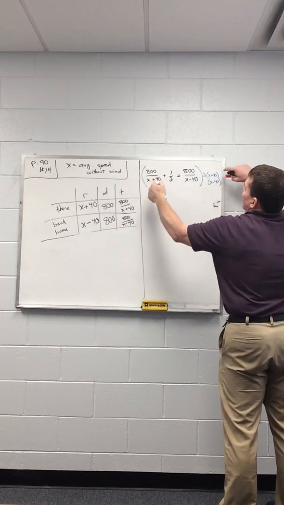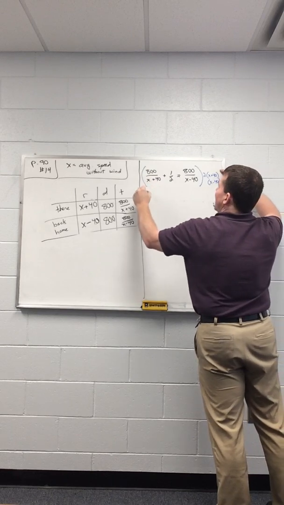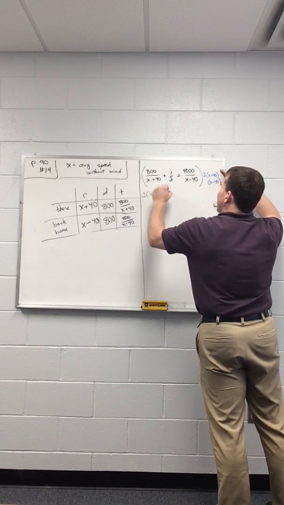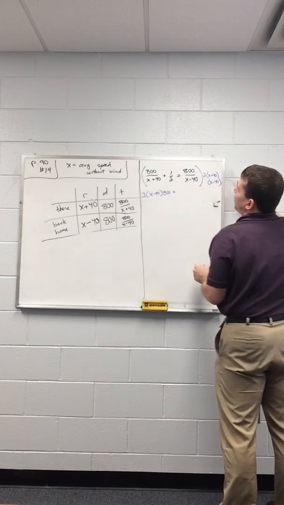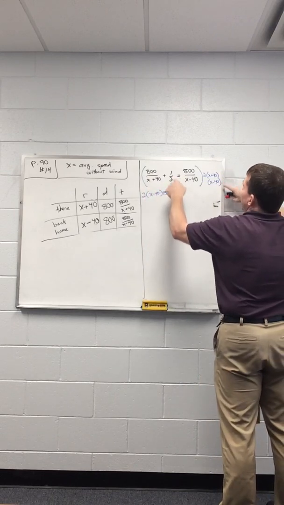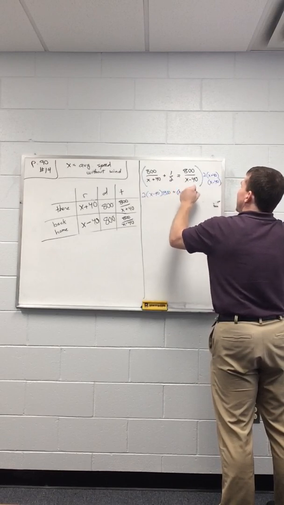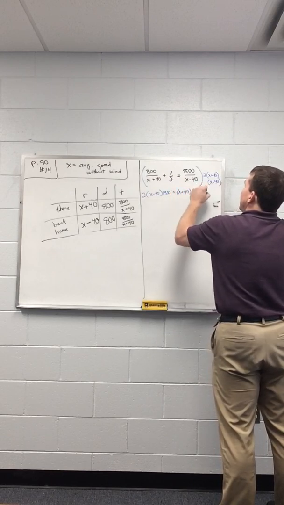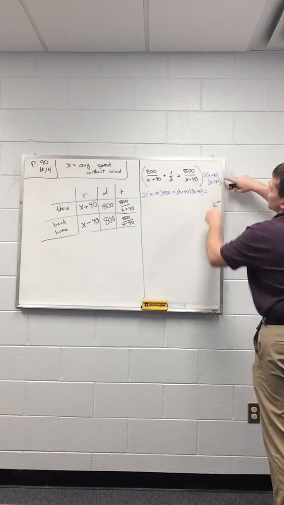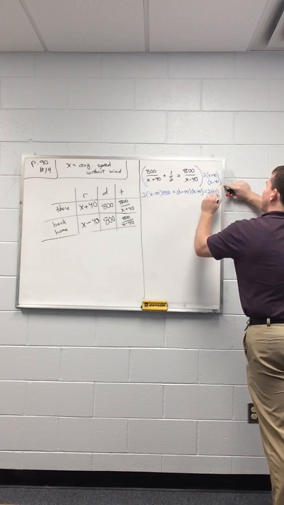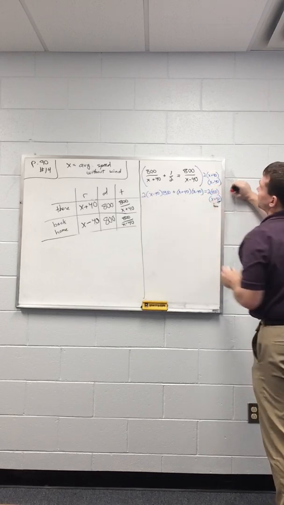The first term, the x plus 40s will cancel. So you'll get 2 times x minus 40 times 800. Plus, for the second one, the 2's will cancel. And you'll get x plus 40, x minus 40. Equals, for the last one, the x minus 40s will cancel. You'll get 2 times 800 times x plus 40.